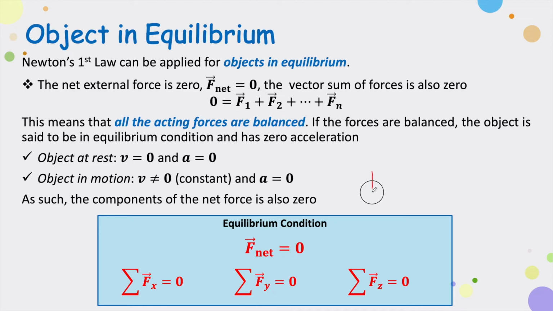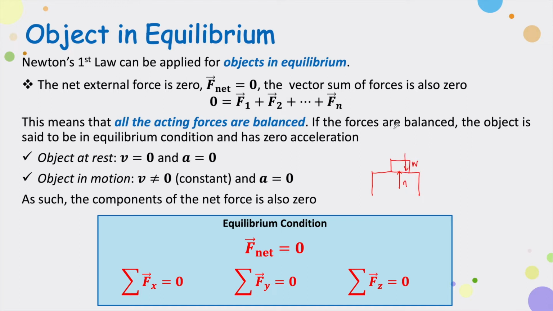For example, a book resting on a table. The tendency is that the table may exert an upward force onto the book in the form of a normal force. At the same time, the book may exert a force onto the table in the form of weight.